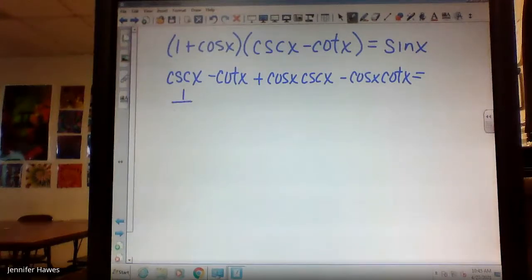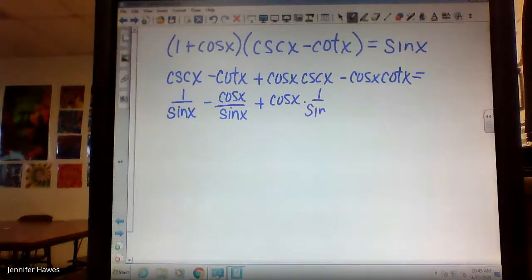So you got 1 over sine. You got cos over sine. And that's just straight substitution.